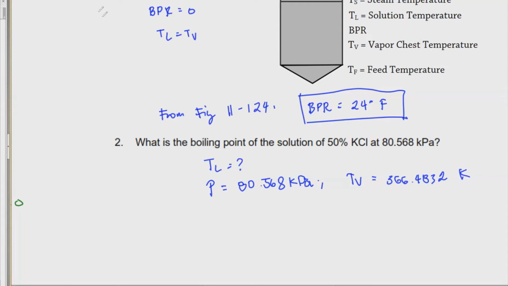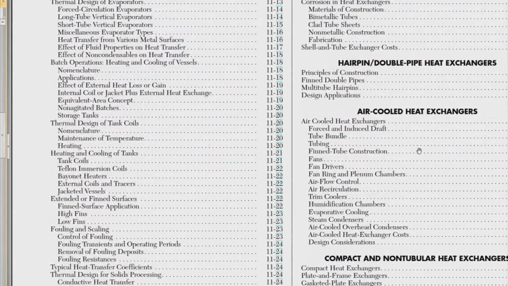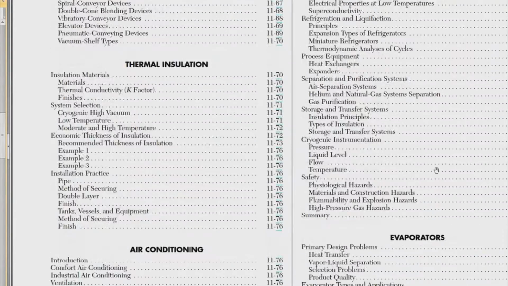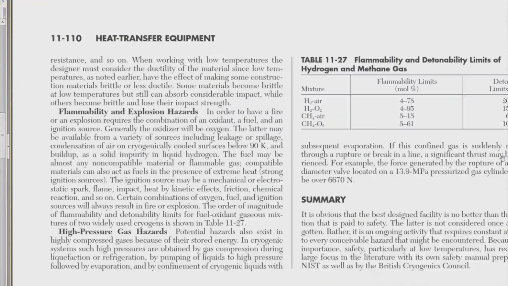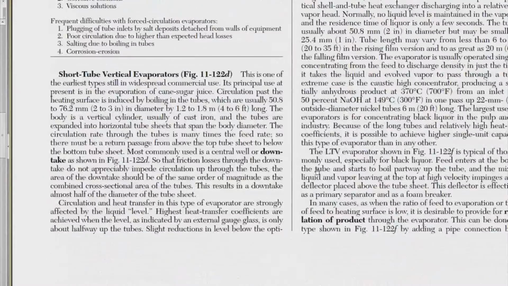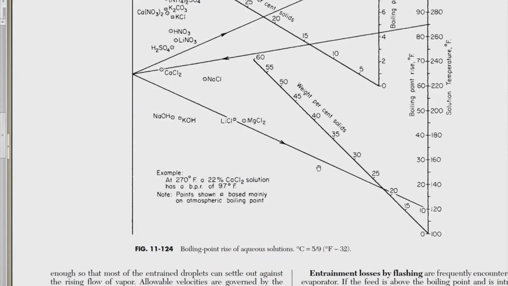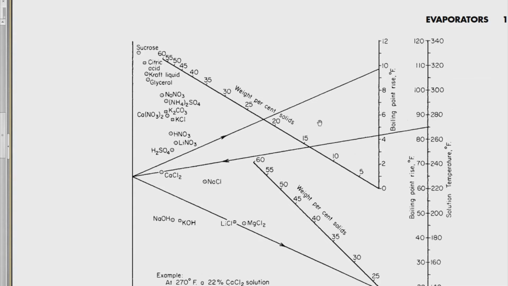Okay, so we go back to figure 11-124, I think. So we have here, actually sa simulang discussion lang siya ng evaporators, some 5-7 pages. Sorry, makita nyo na siya.